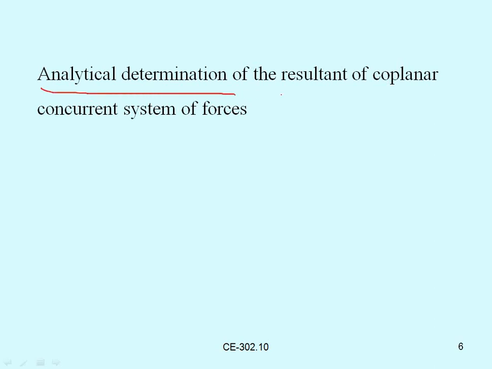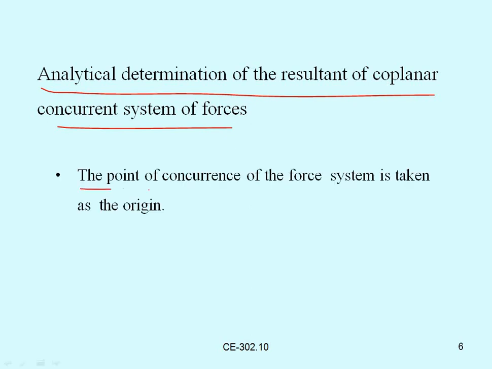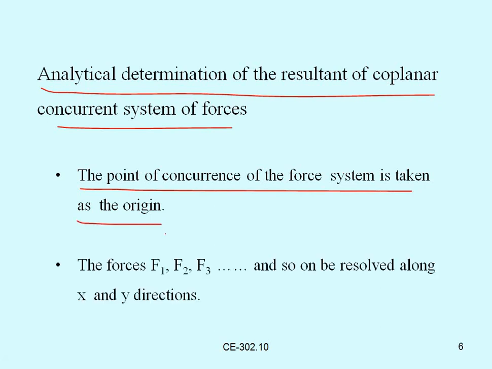Analytical determination of the resultant of a coplanar concurrent system of forces: the point of concurrence of the force system is taken as the origin. The forces F1, F2, F3 and so on are resolved along x and y directions.